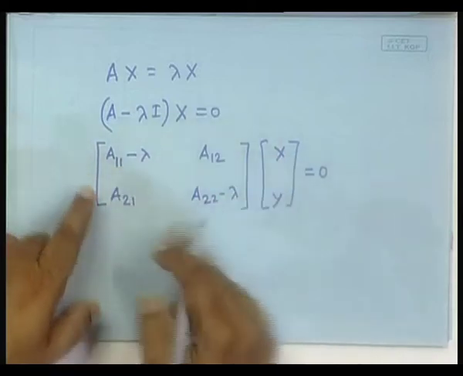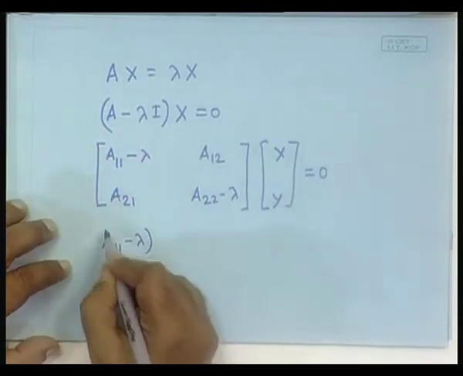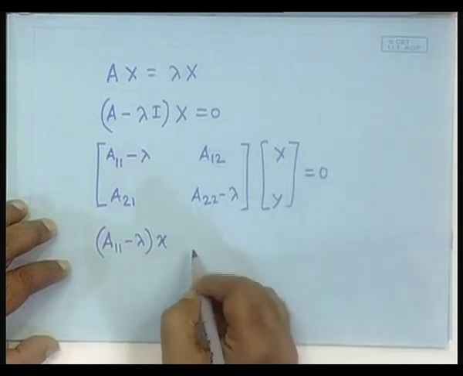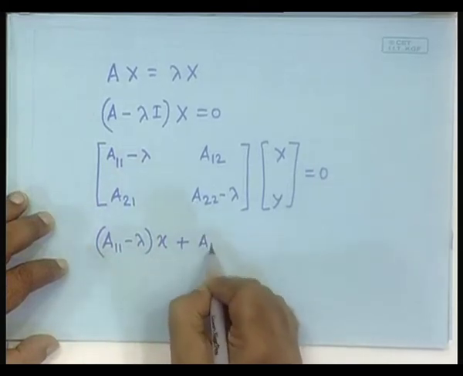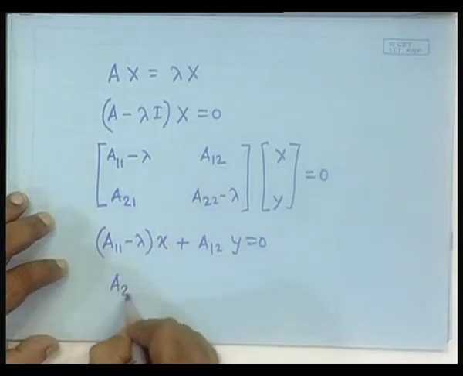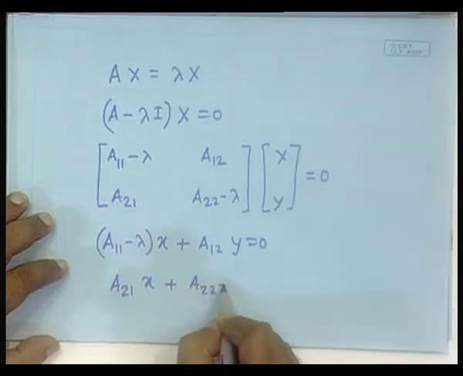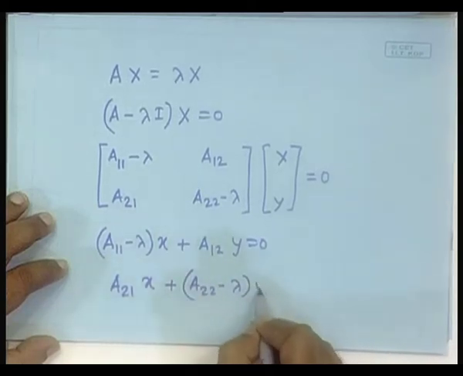So, this gives two equations. One is (a11 minus lambda) x plus a12 y equal to 0, and the other one is a21 x plus (a22 minus lambda) y equal to 0.